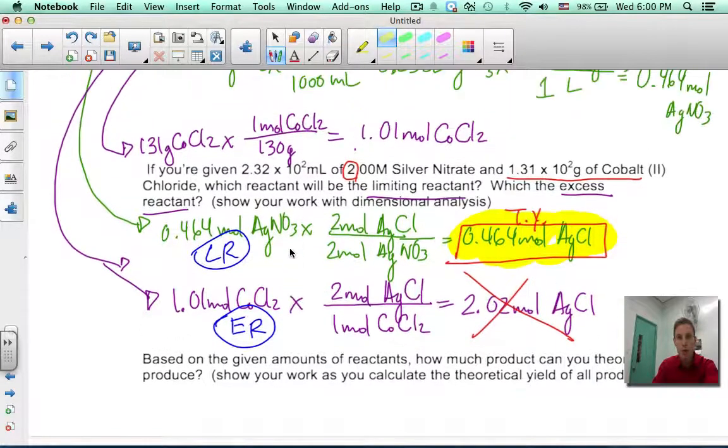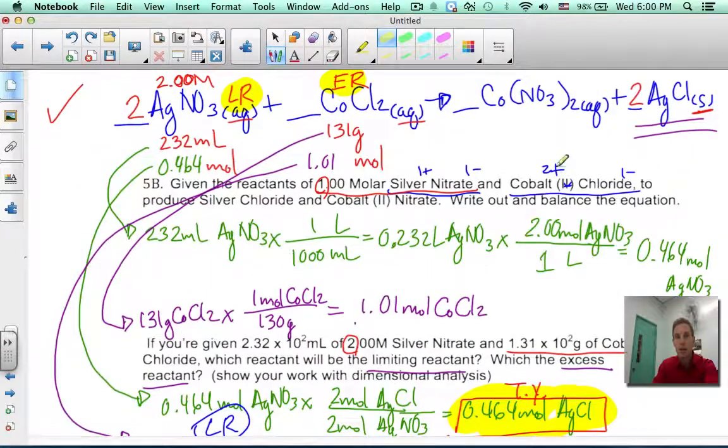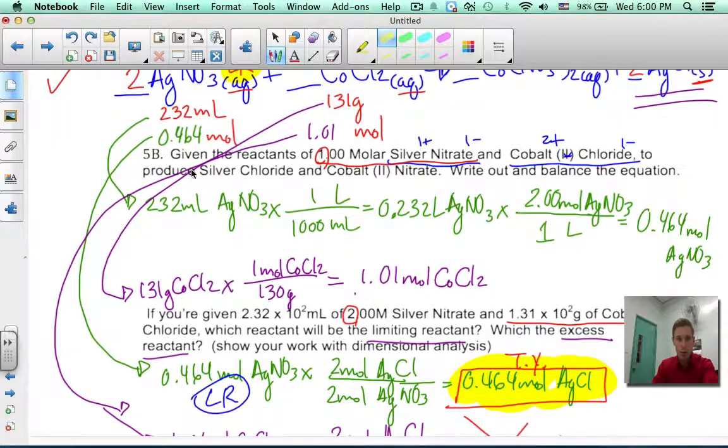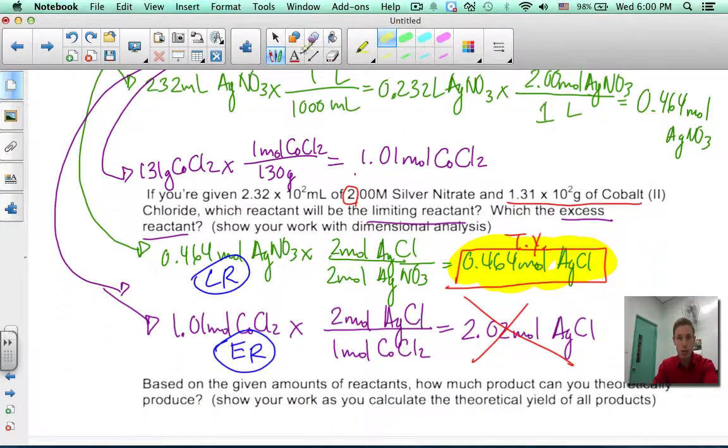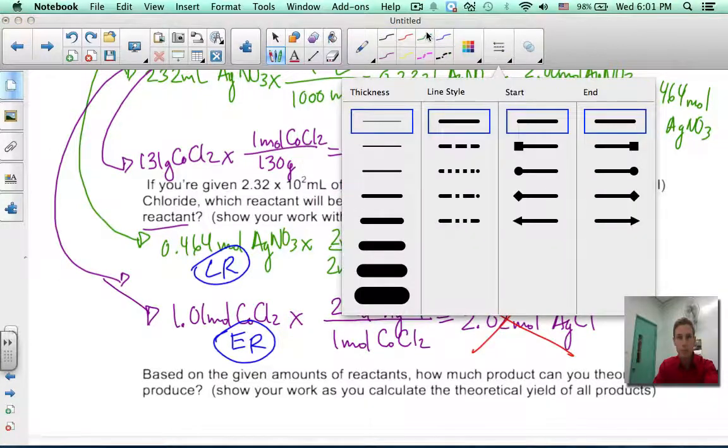The other product was cobalt nitrate. So with our limiting reactant, it's in a 1 to 2 ratio. I make 1 cobalt nitrate for every 2 silver nitrates. I have 0.464 moles of that, so we'll just do that calculation down here before we move on. Let's grab a pen. Let's do it in blue.